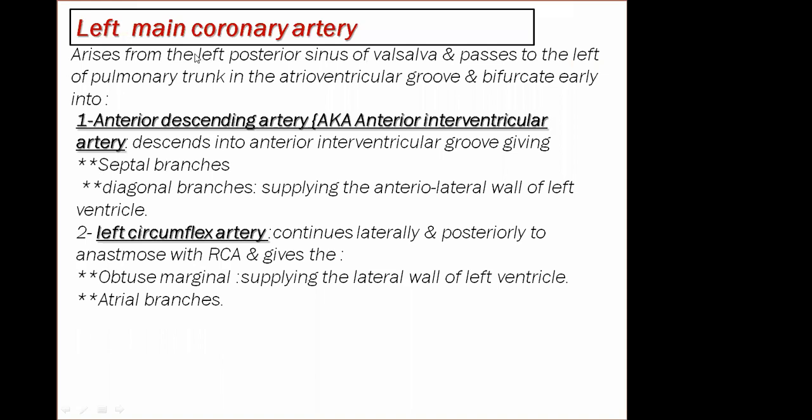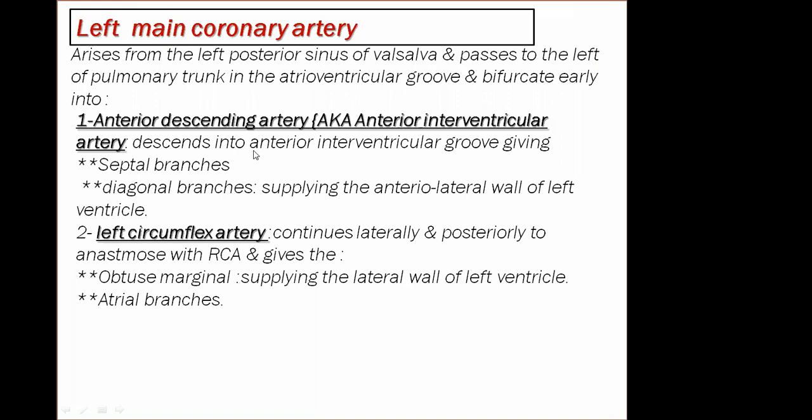The left main coronary artery arises from the left posterior sinus of Valsalva and passes to the left of the pulmonary trunk in the atrioventricular groove and bifurcates early into the anterior descending artery, also known as the anterior interventricular artery.